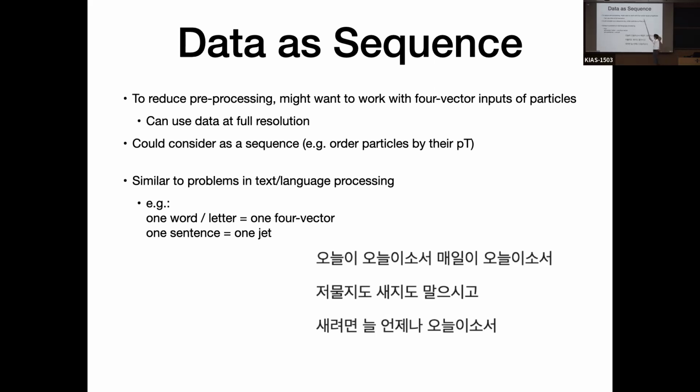So we can sort this list of items, and this has the big advantage that we can use the input data at the full spatial resolution, because we don't need to turn it into a pixelized grid anymore, and we can directly work with the 4-vector data and consider it as a sequence. So again, if we make this analogy, then one sentence or one poem would correspond to a jet, and one character here would correspond to one 4-vector.